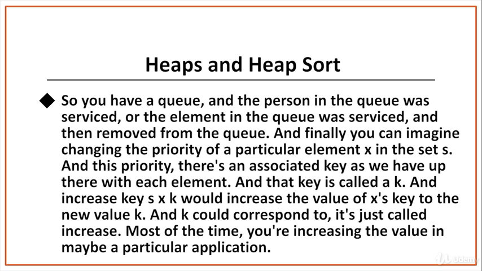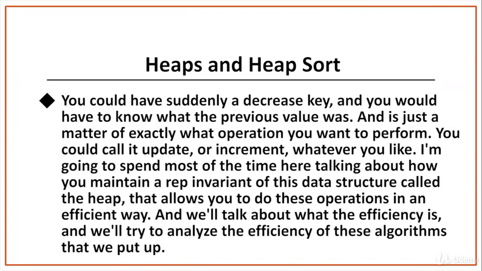Most of the time, you're increasing the value in a particular application. You could have a decrease key, and you would have to know what the previous value was. It's just a matter of exactly what operation you want to perform. You could call it update or increment, whatever you like.